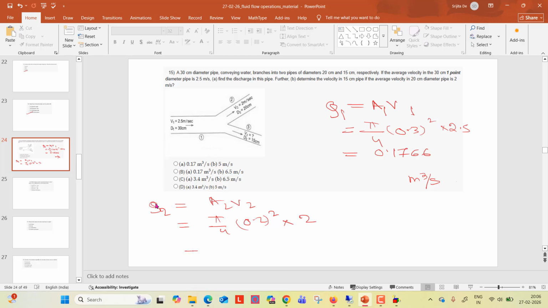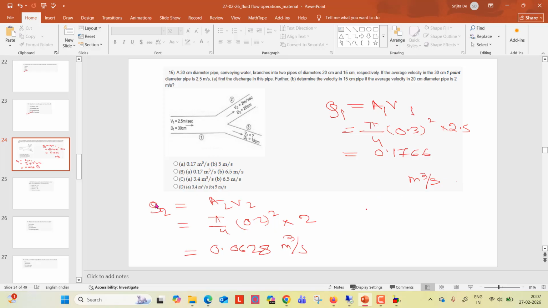It is coming as 0.0628 meter cube per second.